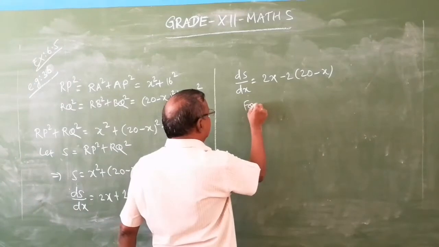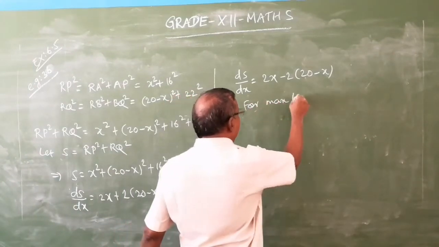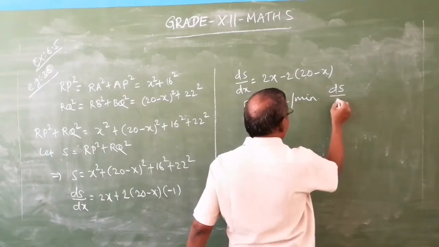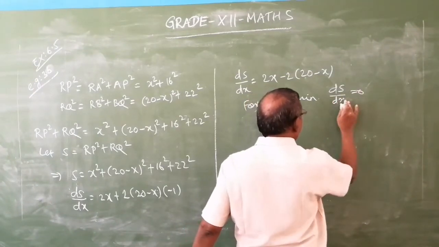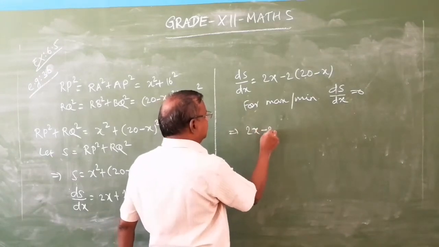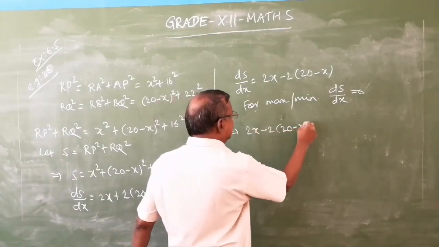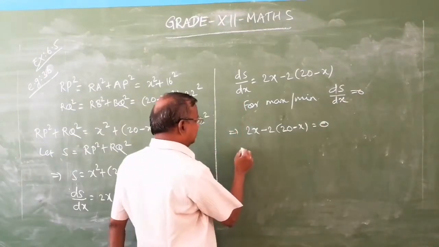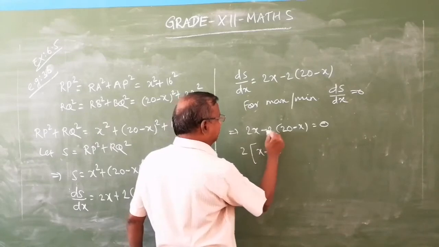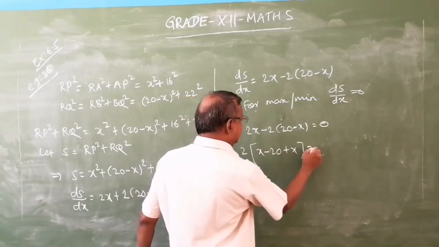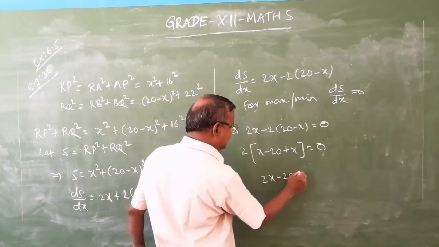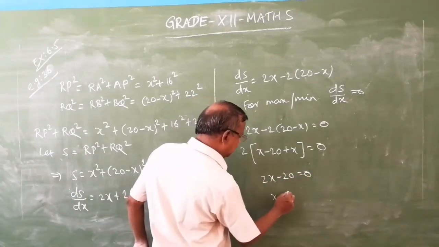For maximum or minimum, we have to put ds by dx equal to 0. So 2x minus 2 into (20 minus x) equal to 0. Taking 2 as common, this is x minus 20 plus x equal to 0, or 2x minus 20 equal to 0. So x equal to 10.